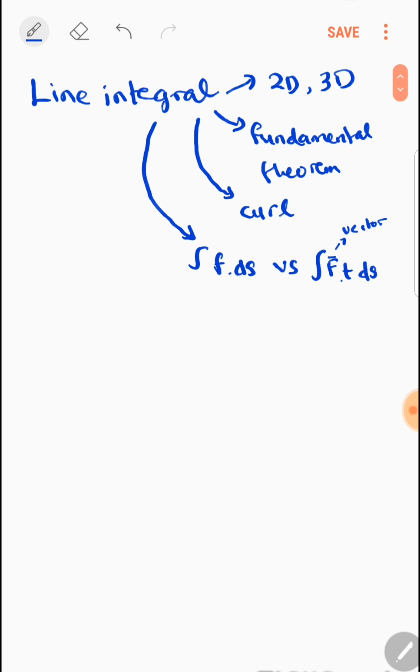So let's get started. One of the most important things that we need to know when it comes to line integral is to parameterize the equation that is given to us for a given curve.